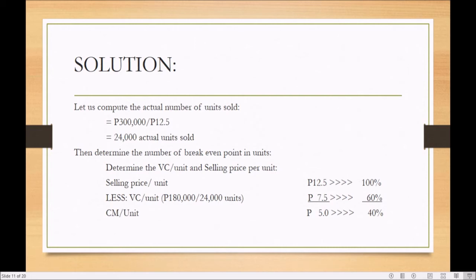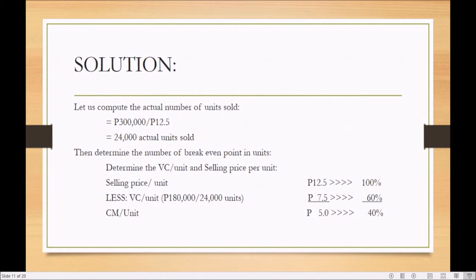Considering that the revenue is 300,000 pesos, that is the total sales, and the unit selling price is 12.5, the actual units sold is 24,000 units. This means that at 24,000 units, we have an operating loss of 40,000 pesos.